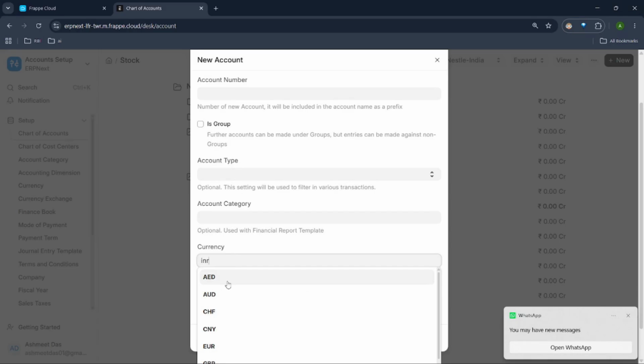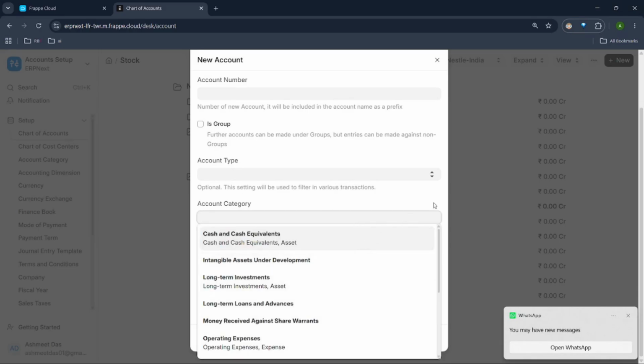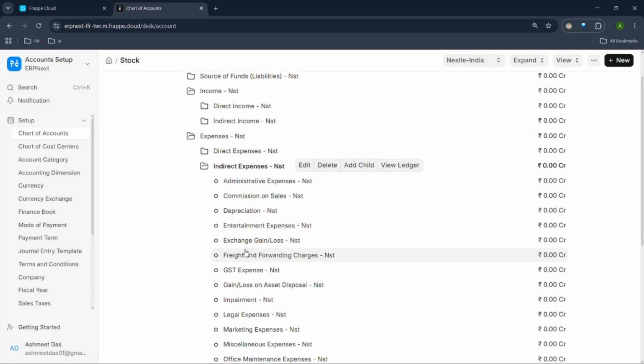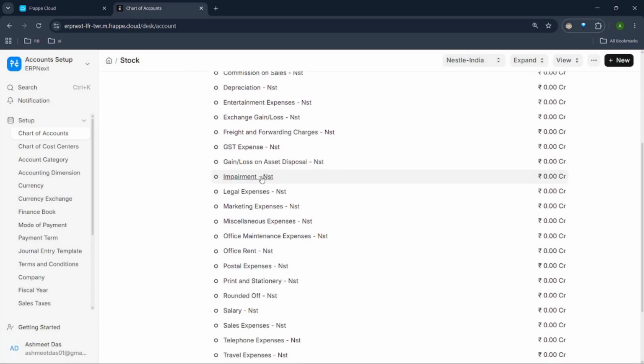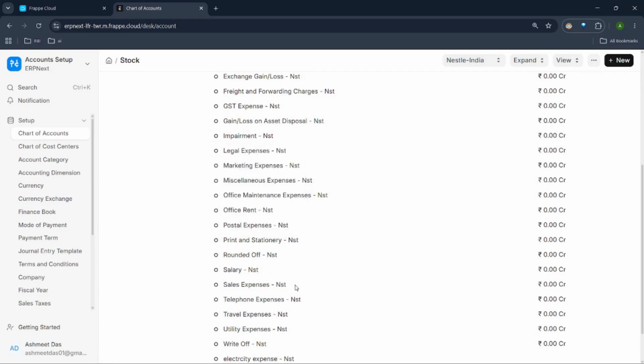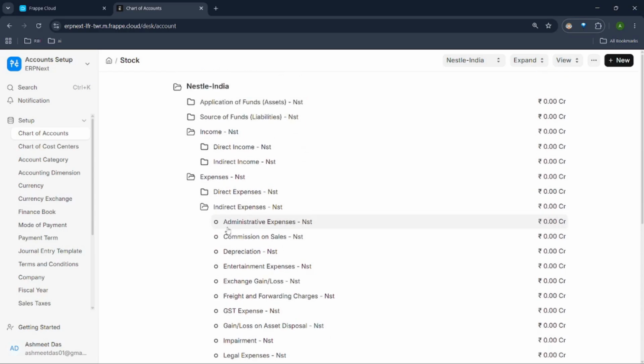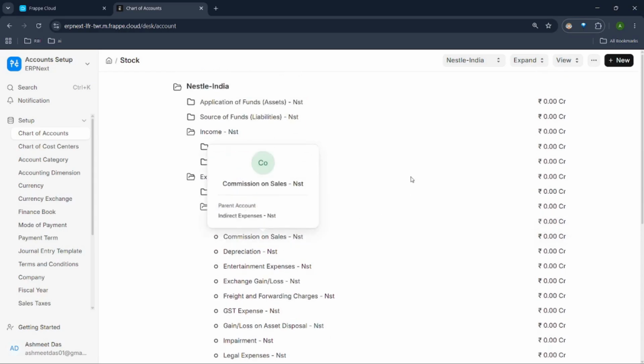I have created electricity expenses under indirect expenses. We can also input a cost center if there is one for the account.